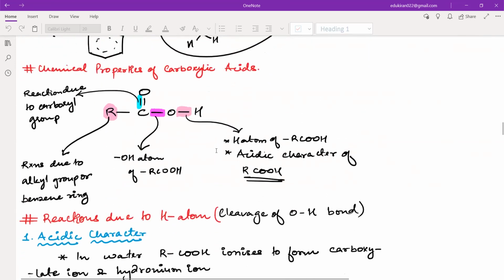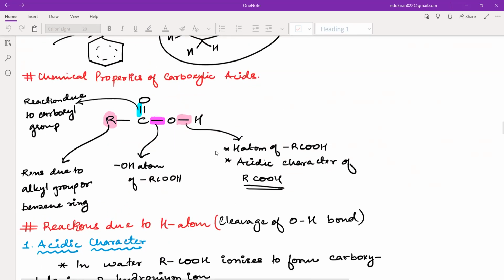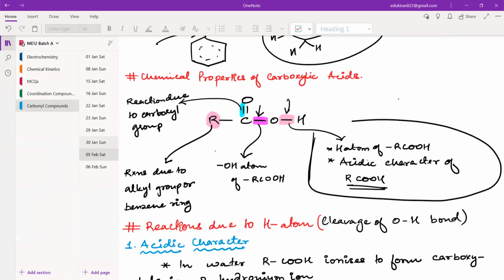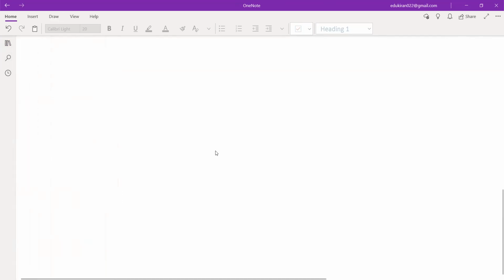In chemical properties, we are done with the hydrogen part. We have looked at this bond being broken. Now we are going to look at this bond and what kind of reaction carboxylic acid can give if the C-OH bond is broken. So you can write the topic.